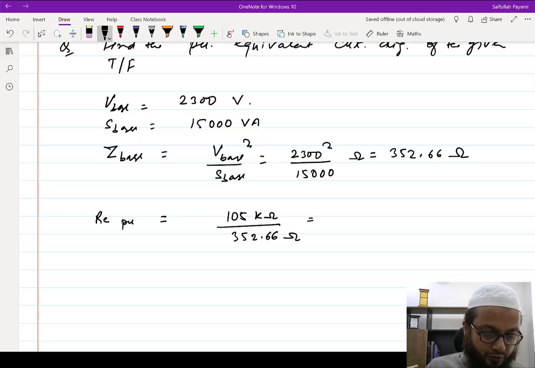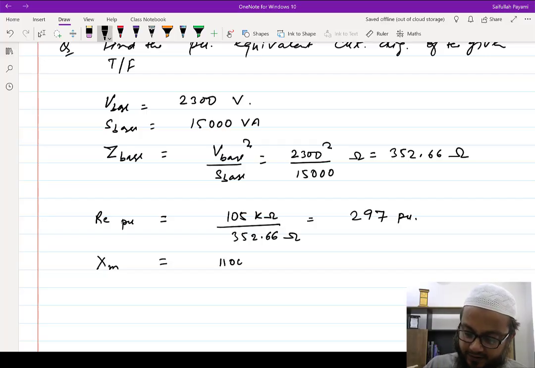This will come out to be 297 per unit. X_M would be 11,000 ohms upon 352.66 ohms, and this will come out to be 31.19 per unit.